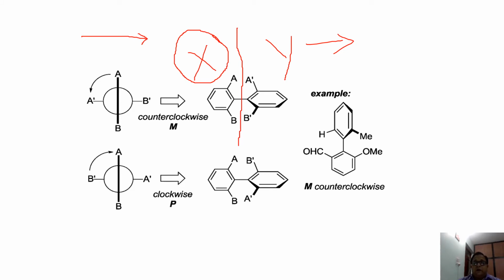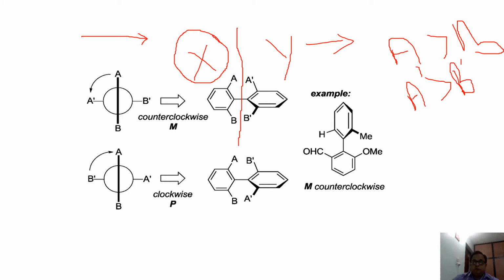Now, in the next step, decide the priority. Here, A has higher priority as compared to B, and A prime has higher priority as compared to B prime.